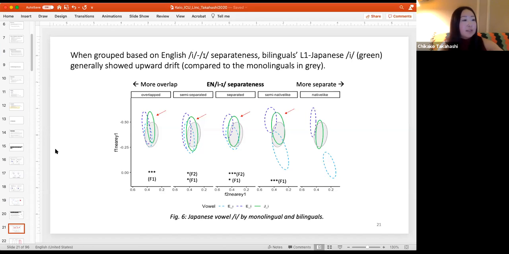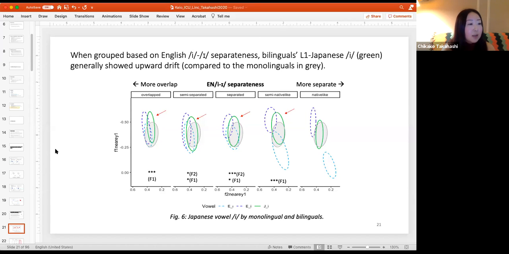To further investigate the pattern of L1 drift, I grouped bilinguals based on their L2 production acuity. So this time we used English I's separateness as an acuity measure. The overlapped group here on the left includes bilingual participants whose production of the two high-front vowels overlapped.